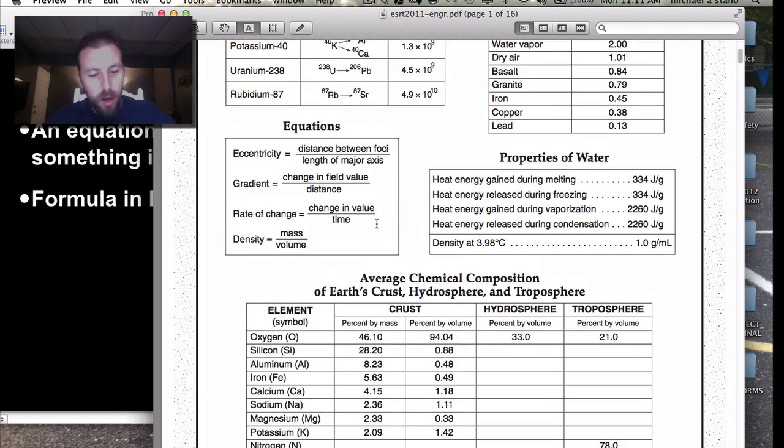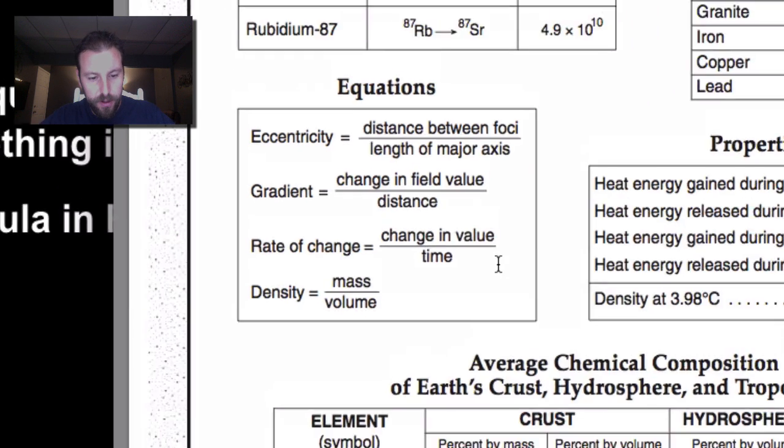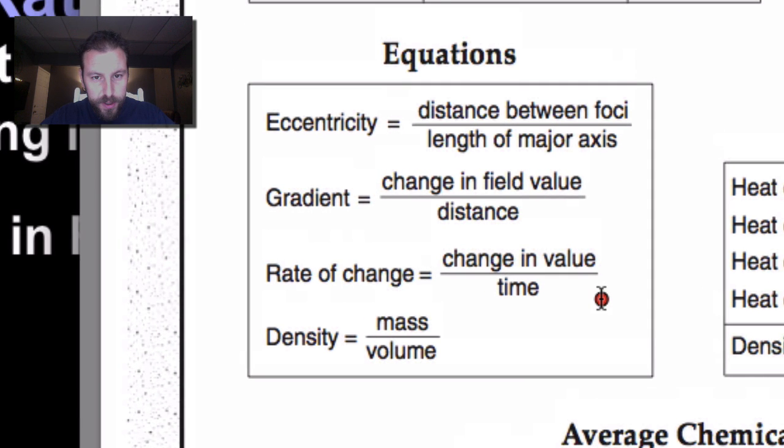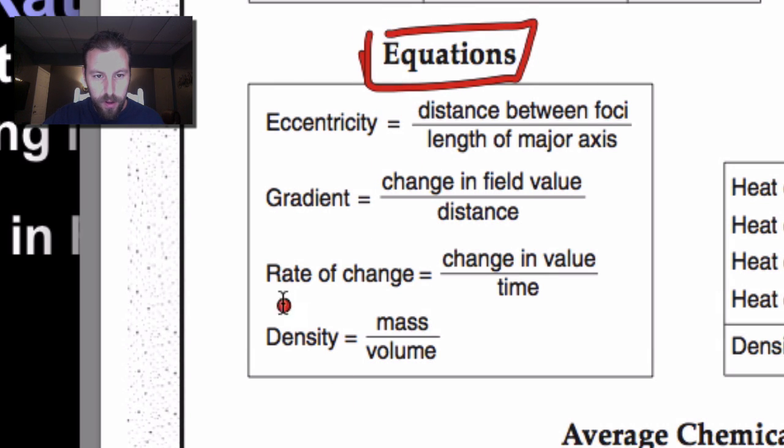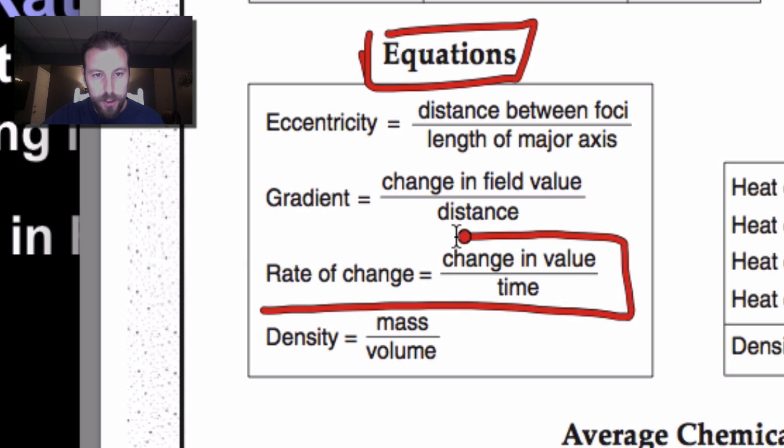But if we look over in the equation section, we're going to see a few formulas. So we go into the equation section right here, and we see rate of change. Right there, a very important section, and it's our change in value over time.